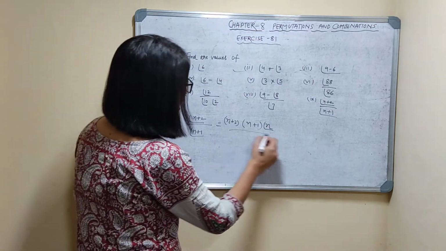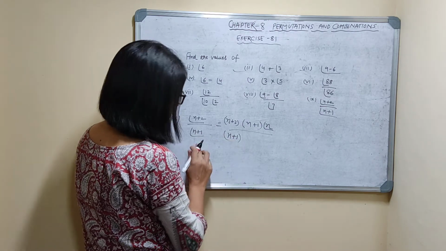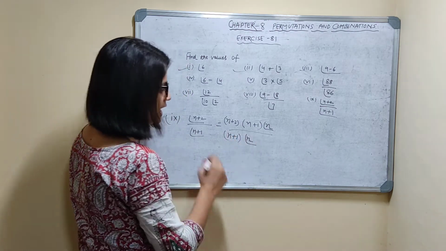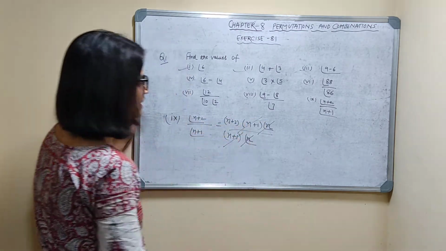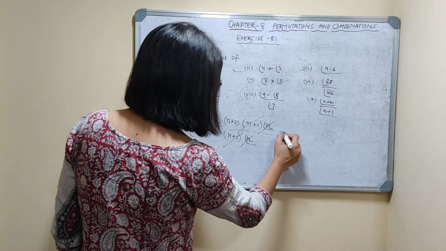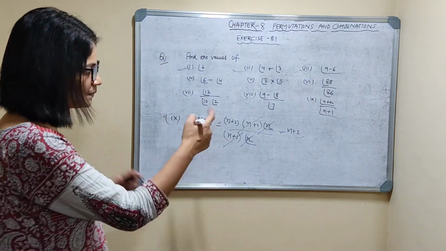Factorial n plus 1 I can write n plus 1 minus 1, it is factorial n. So factorial n cancel, n plus 1 cancel. Answer is n plus 2. So part 9th answer is n plus 2.